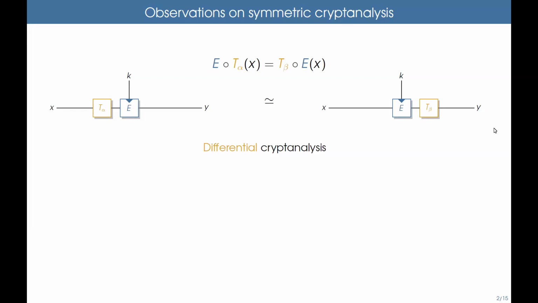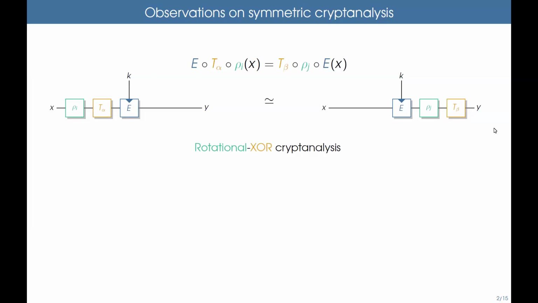But actually, if we look at symmetric cryptography, this kind of pattern appears almost everywhere. For instance, if you are doing a rotational cryptanalysis, you are doing exactly the same, except that you are using an input rotation and an output rotation. If you are doing a rotational-XOR cryptanalysis, you are using both a translation and a rotation in input and in output.